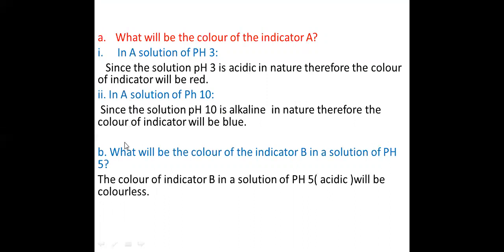Indicator B, what will be the color of indicator B in a solution of pH 5? We discussed in the previous slide that indicator B is colorless in acidic solution. So as pH 5 is less than 7, it means that the solution is acidic and will be colorless.